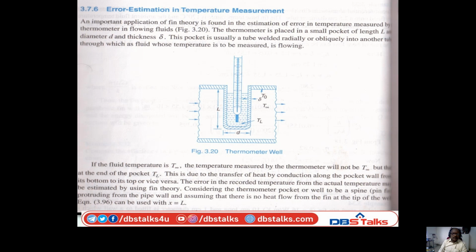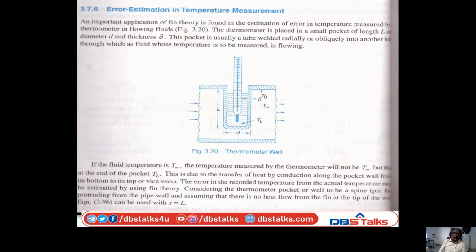For that, we make a small tubular well-shaped pocket, where the length of the pocket is L and the diameter is D. Inside, you fill it with water and measure the temperature, where the temperature at the end point is TL.